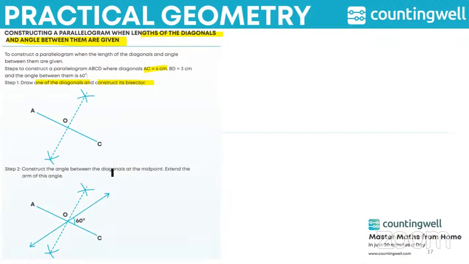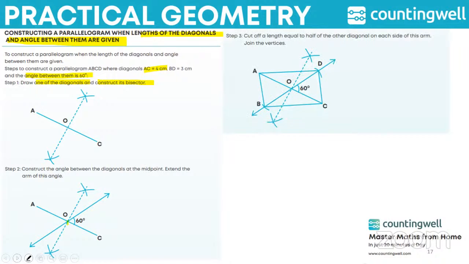Next, we construct the angle between the diagonals at the midpoint, which is O, and extend the arms of this angle. Here you can see the angle between them is 60 degrees. So you will take the measure 60 degrees as shown here. And then we'll cut off the length equal to half of the other diagonal on each side of this arm and join the vertices.